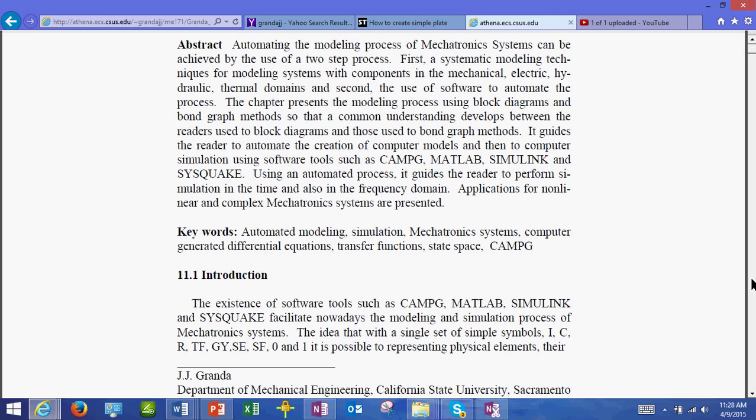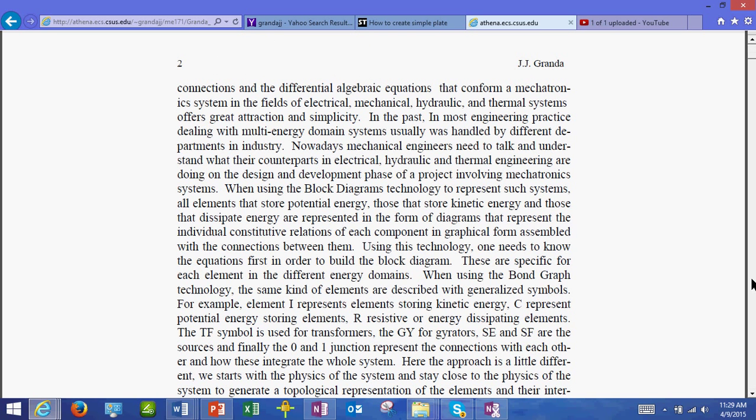First, systematic modeling techniques for modeling the system in any of the domains. And then the second one is the use of software to automate the process.